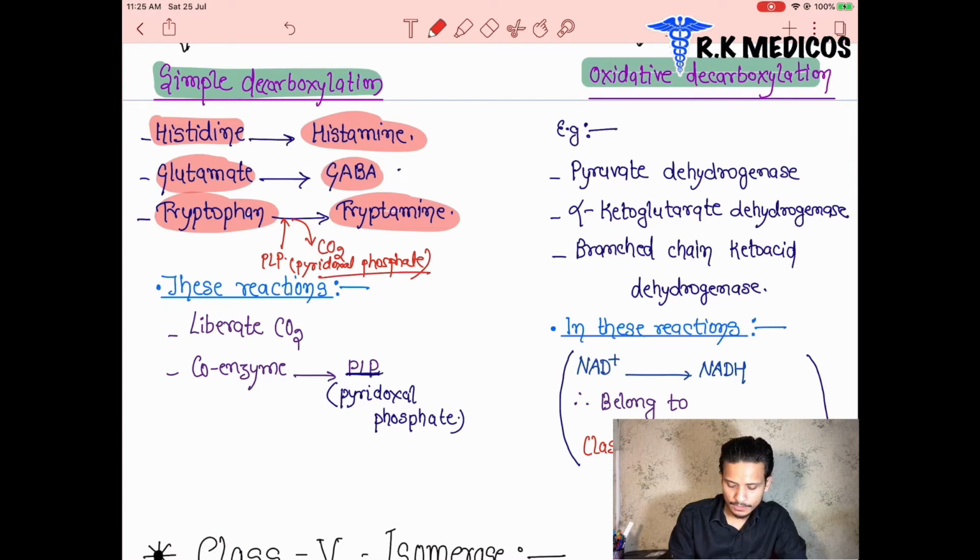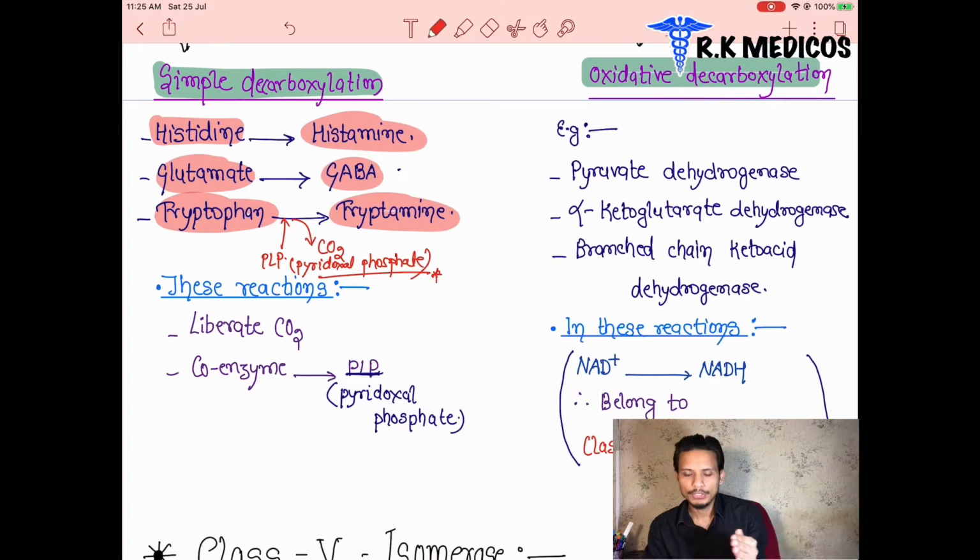Pyridoxal phosphate is the coenzyme used for all these simple decarboxylations. It does not happen only in tryptophan to tryptamine. In all reactions there is a removal of CO2 and the coenzyme PLP is used.